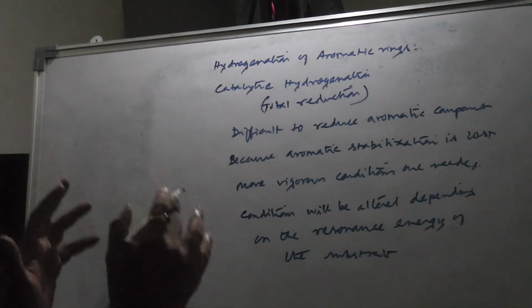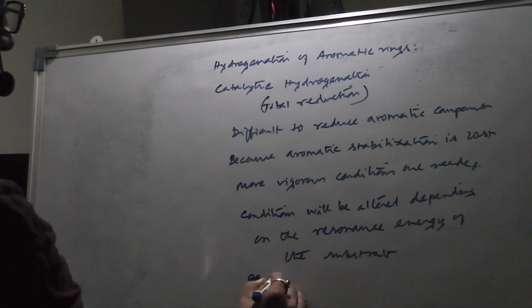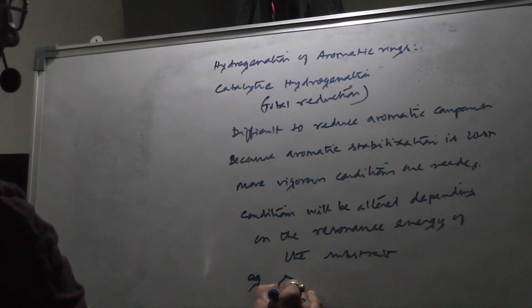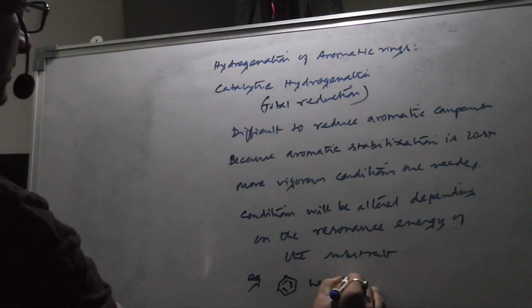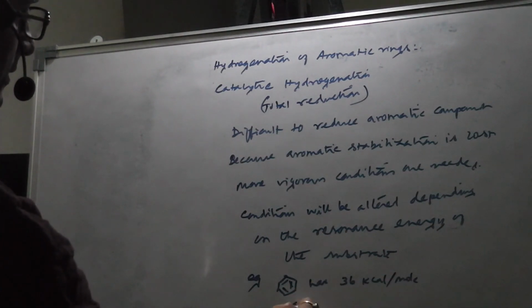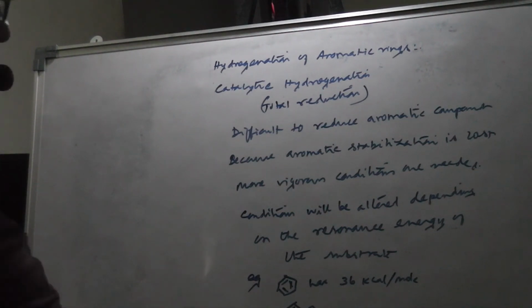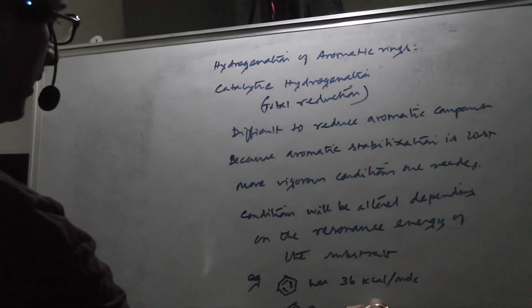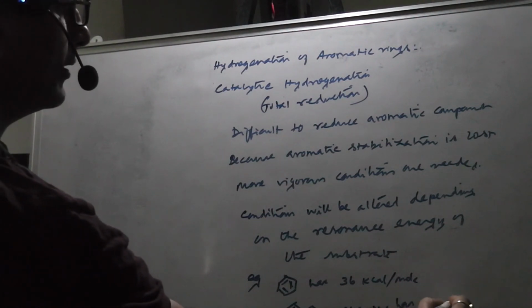For example, if you are going to reduce benzene and naphthalene, benzene has 36 kilocalories per mole. Naphthalene, we can view as two fused benzene rings, and per ring it has 29 kilocalories per mole.